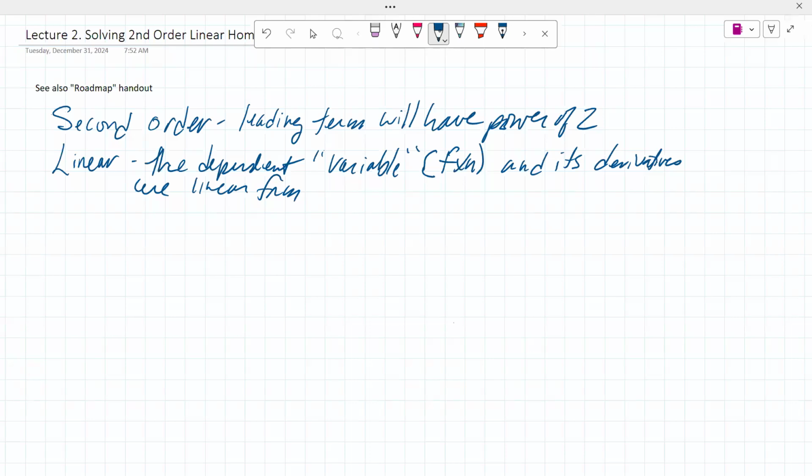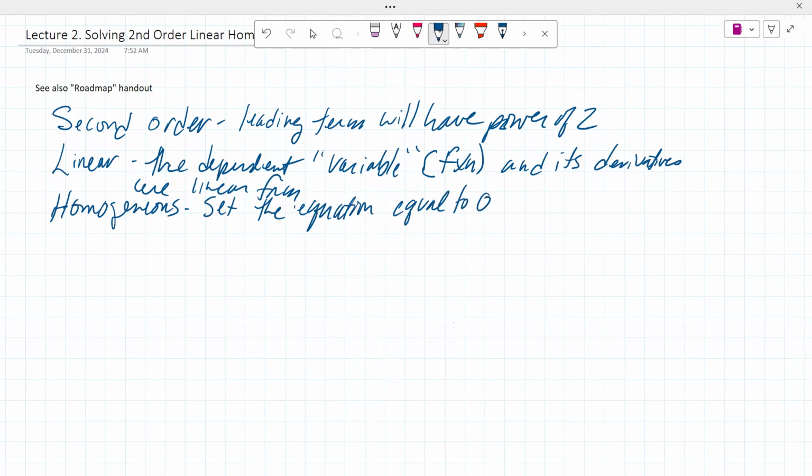And then we also have the property that they are homogeneous. This just means you can write it adding up to 0, right? You can set the equation equal to 0. And there we have now our description of the kinds of equation that we're going to have.